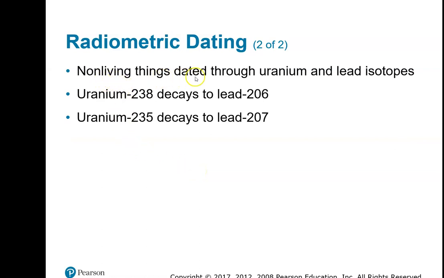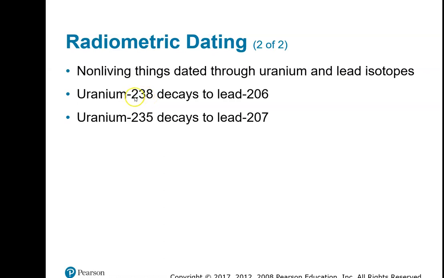All right, so non-living things are dated through uranium and lead isotopes. Okay, so this is the thing about carbon 14: you always look at the ratio of carbon 14 to carbon 12. When you use uranium, this is the most abundant uranium you find on the Earth.